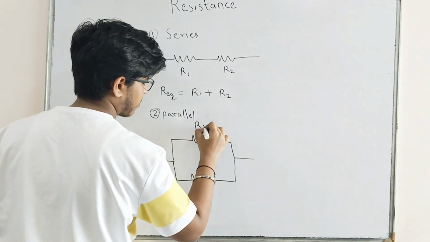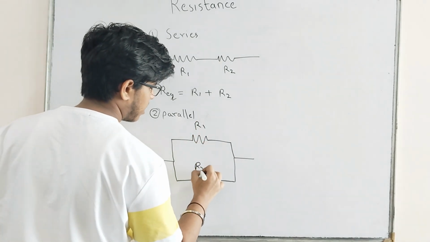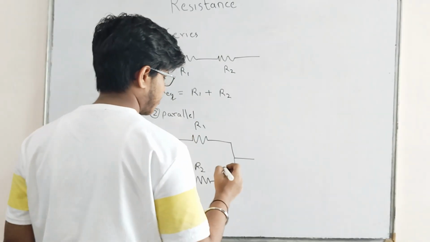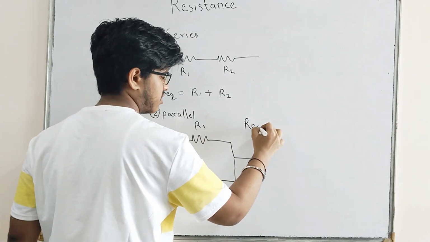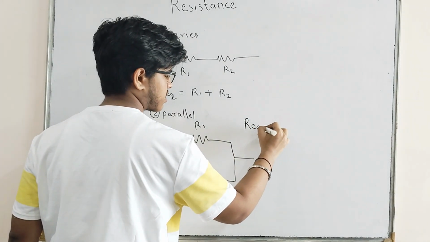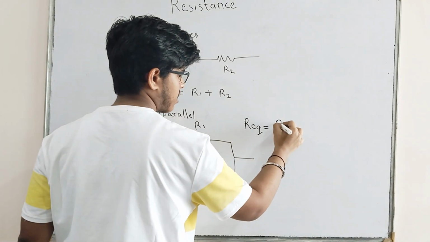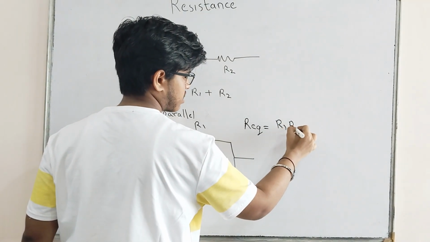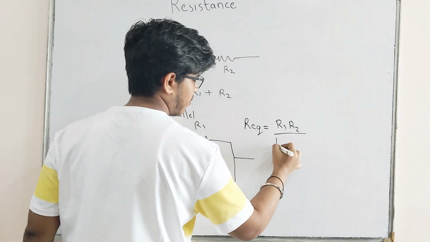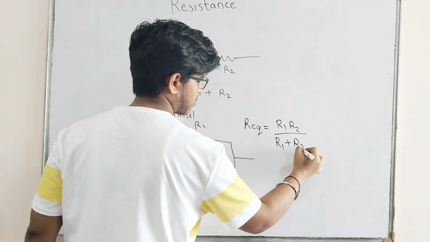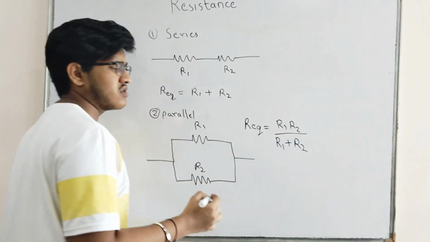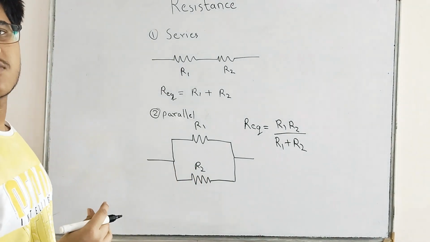Let it be R1 and this is R2. So R equivalent is equal to R1 R2 upon R1 plus R2. Okay, this is a direct formula, you can remember this.